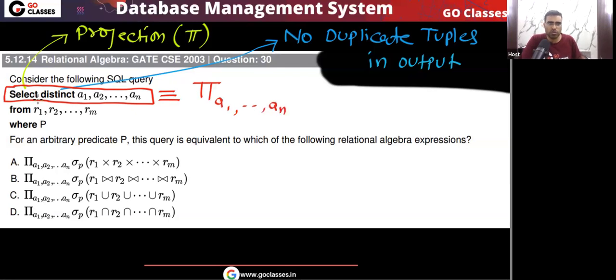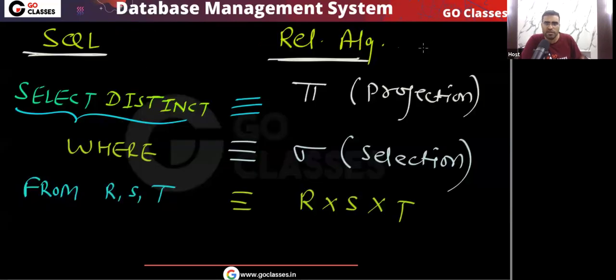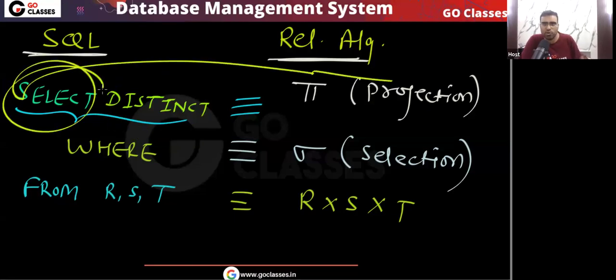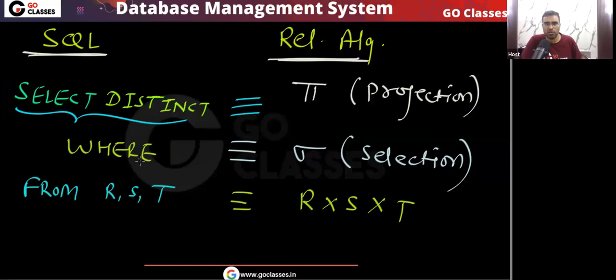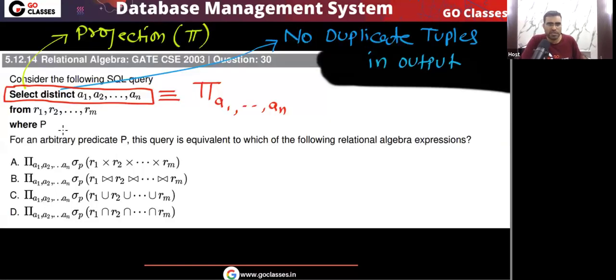In SQL, this select keyword is similar to projection in relational algebra, which has pi. For this, in SQL we have select distinct. The distinct will remove all the duplicates from the output, and select we use for projection. Very simple.